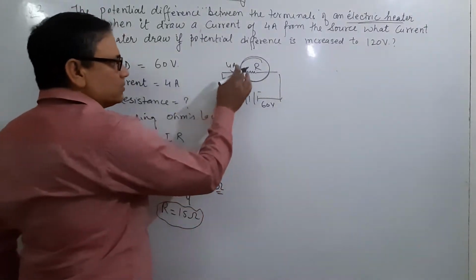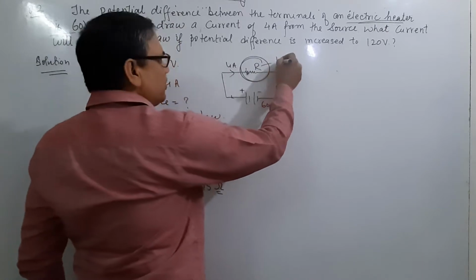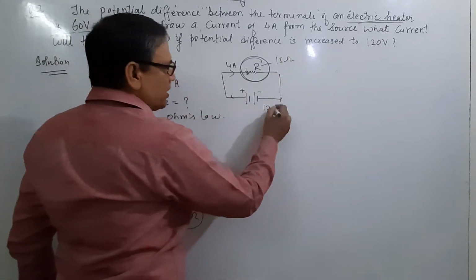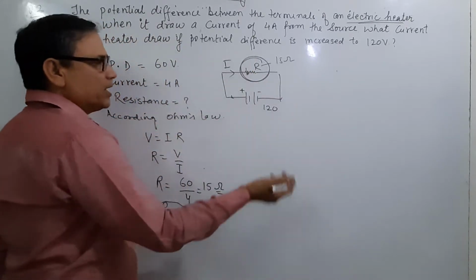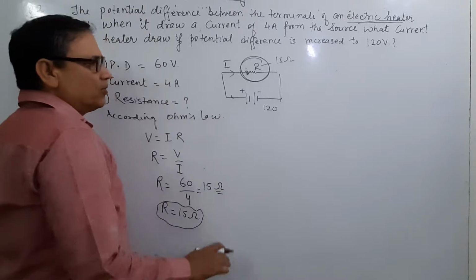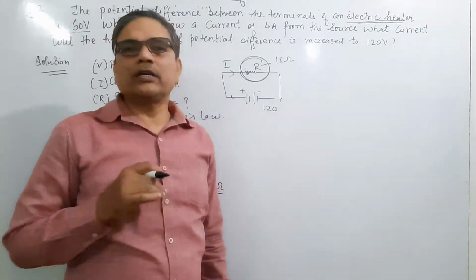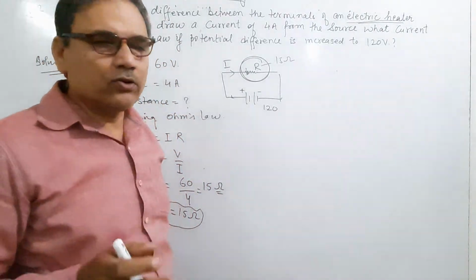Now, if the resistance of this heater is 15 ohm and the potential difference is changed to 120, then what is the amount of current? Again we have to apply Ohm's law. And we know very well, as we increase the potential difference, current will also increase.